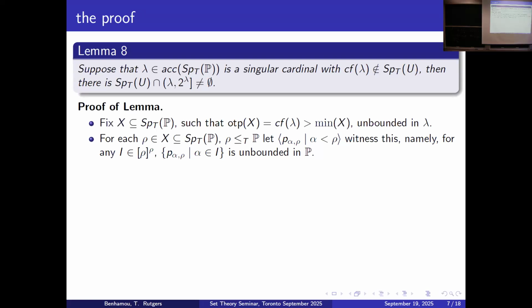And also row 1 of 0, row 1 of 1. Okay, so we have all of them, and each row here has the property that whenever you take a subset of it, of the cardinality of its row, it's unbounded.